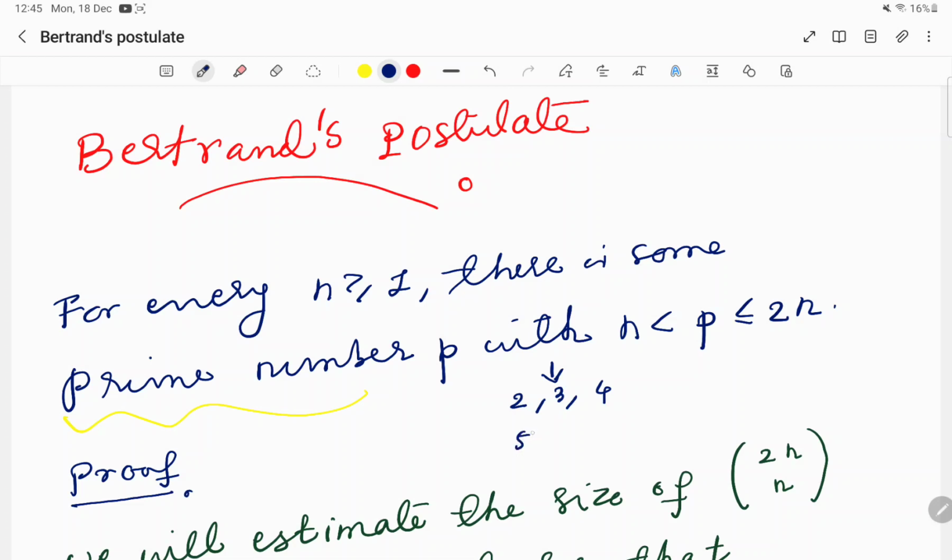Start from 5, you don't have to reach 10, there are many primes, like 7. Start from 15, you don't have to go to 30, because definitely you will get 19 as a prime. That's the theorem, but you have to prove this formally. How do you prove that there is always a prime between n and 2n? Okay, thank you.